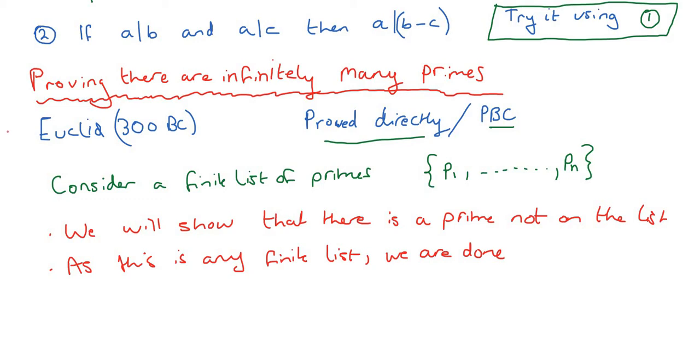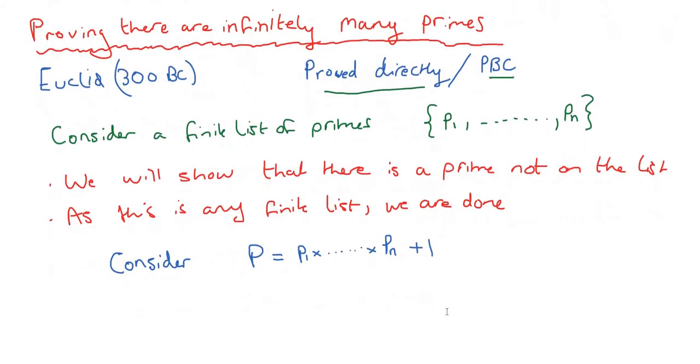Okay, so we've got everything we need now to be able to start, so let's do it. So we've got our list of primes, so let's consider this number. So consider, we're going to call it capital P, and it's the product of all these primes, and we're going to add 1 to it.